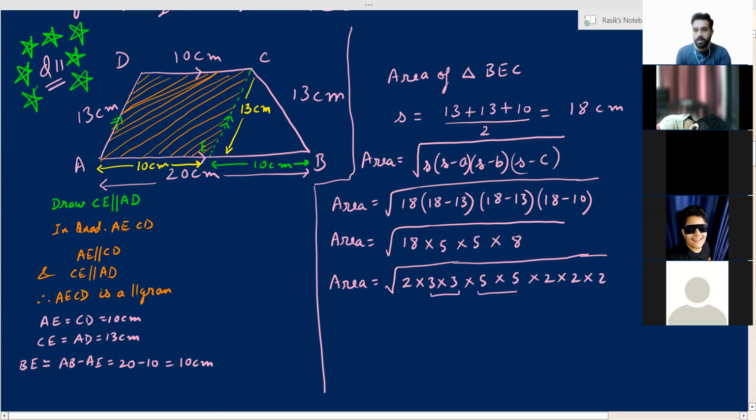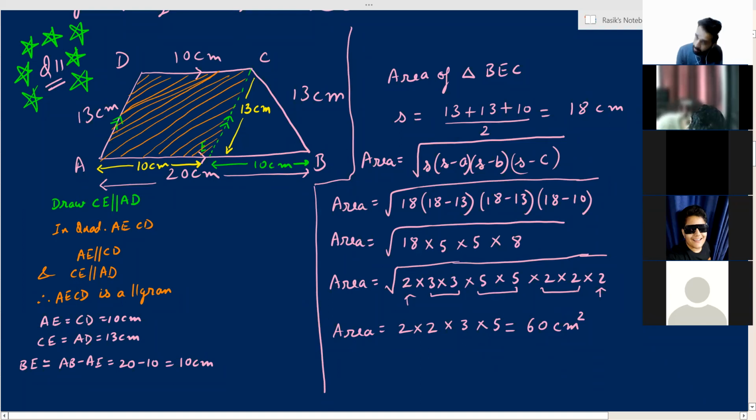One pair of 3, one pair of 5, another pair of 2, and one more pair of 2 is there. So area is equal to 2 into 2, 2 pairs of 2, one pair of 3 and one pair of 5. We get the area equals 60 centimeter square. This is the area of the given triangle BEC.